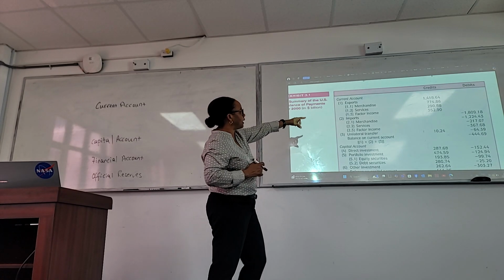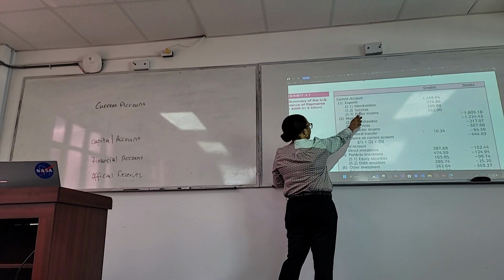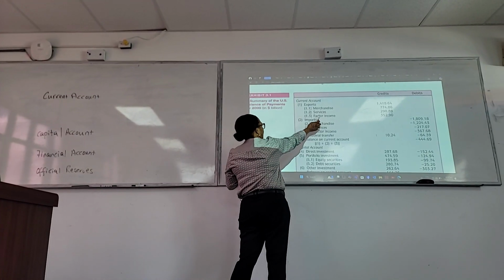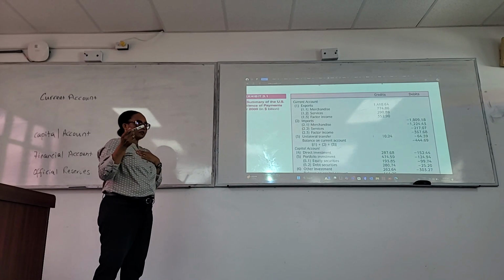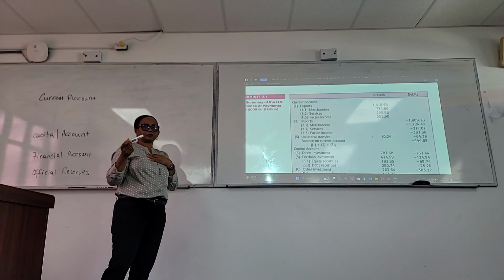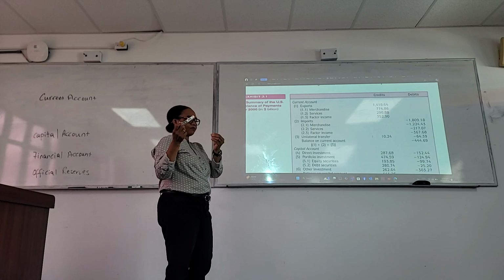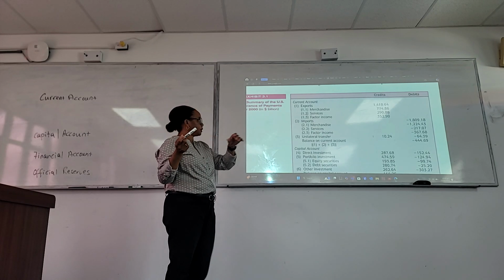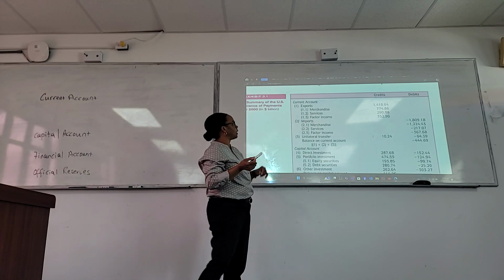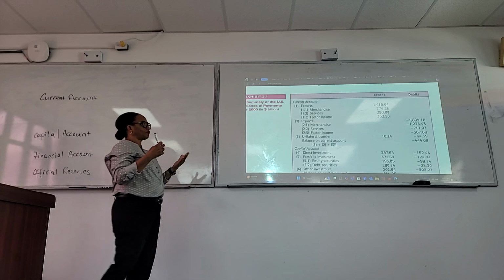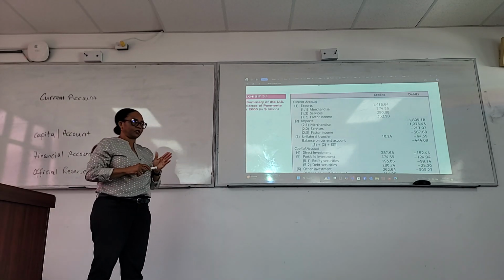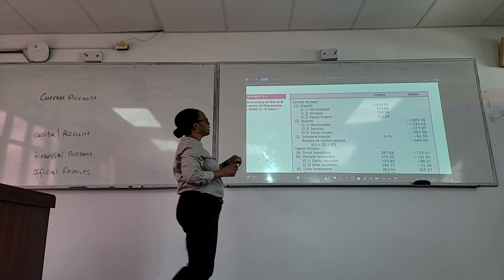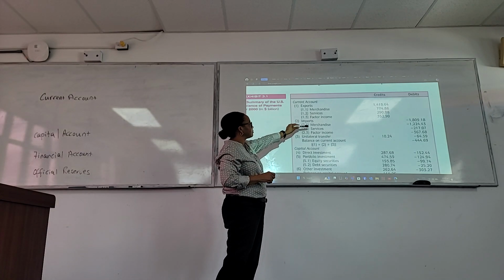Here they break it down into the factor income. The factor income would be the interest, yes. That would be your primary income. If you were to see it from the other textbook, it would call it something different. Then you have your imports.